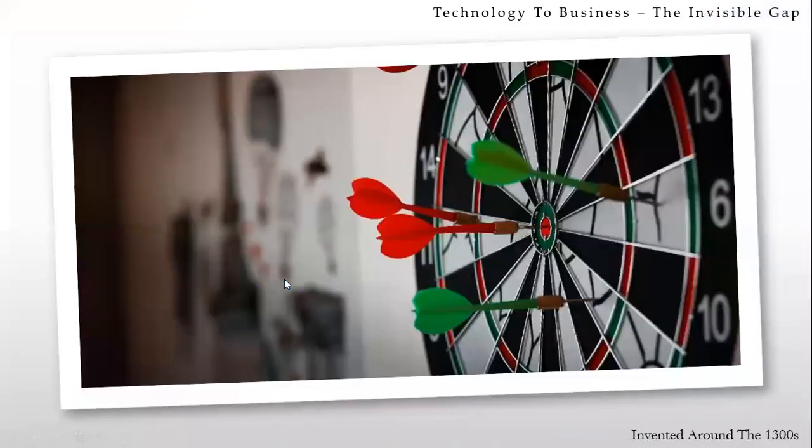You know what this is? Dartboard. You know when it was invented? It's written over here. See, invented around the 1300s. It was actually invented as a favorite pastime for military people.